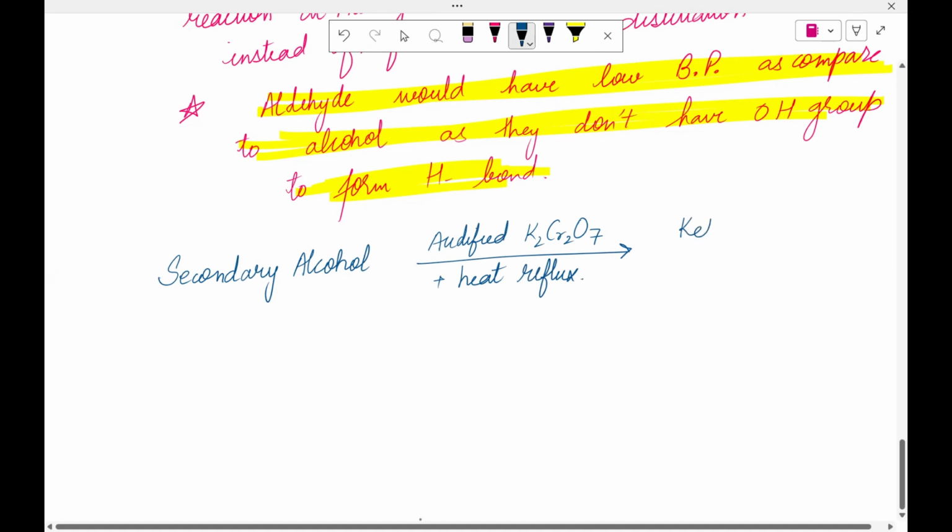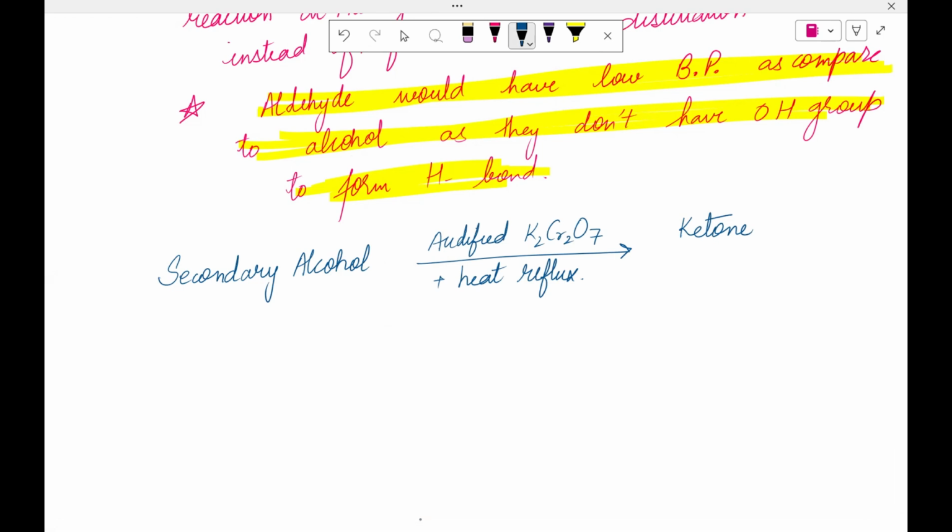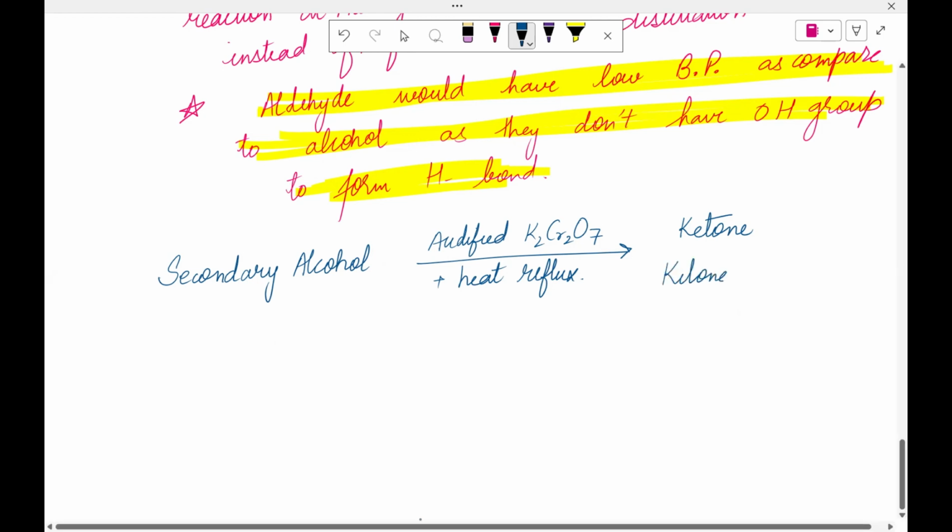A ketone is going to form. So ketone is basically formed from secondary alcohol. And remember one thing, when ketones are formed, ketones won't oxidize. Ketones will not oxidize further.